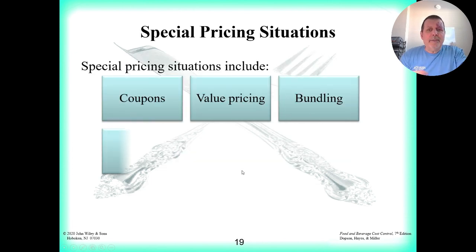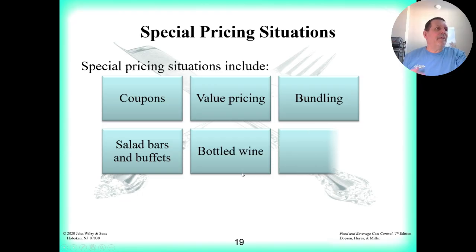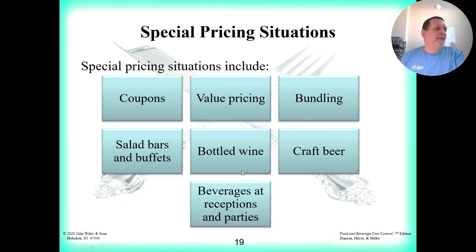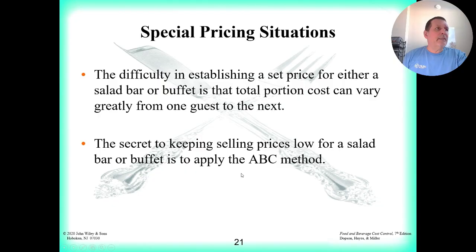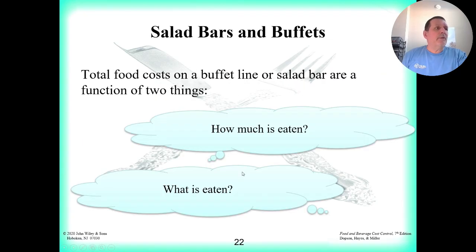Okay, so special pricing stuff. Quickly finish this up with things like coupons, value pricing, bundling, salad bars. Salad bars are kind of tricky. Let's go to salad bars. All you have to take into consideration with a salad bar is how much is being eaten and what is being eaten. So if I prepare a whole bunch of food, I have the food cost for that. I put it on the bar.